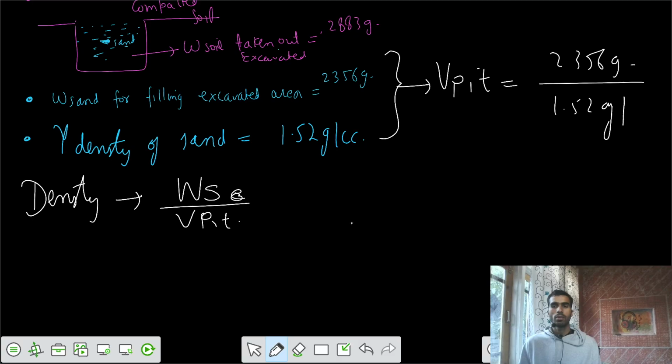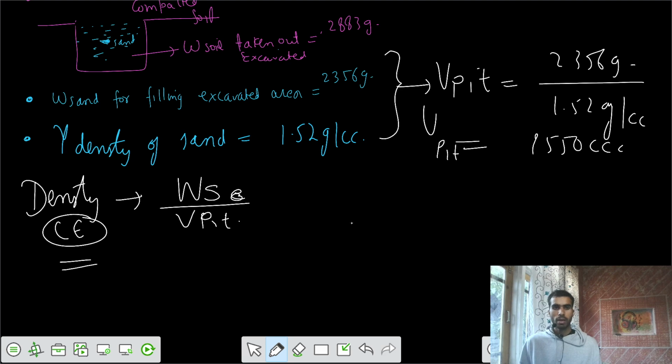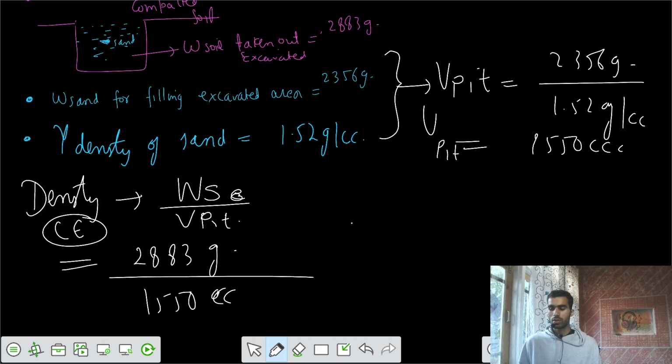So your volume of the pit is 1550 centimeter cube. And we can write the density of that compacted embankment: weight of the soil taken out, 2883 grams, divided by your volume of the pit, 1550 centimeter cube.